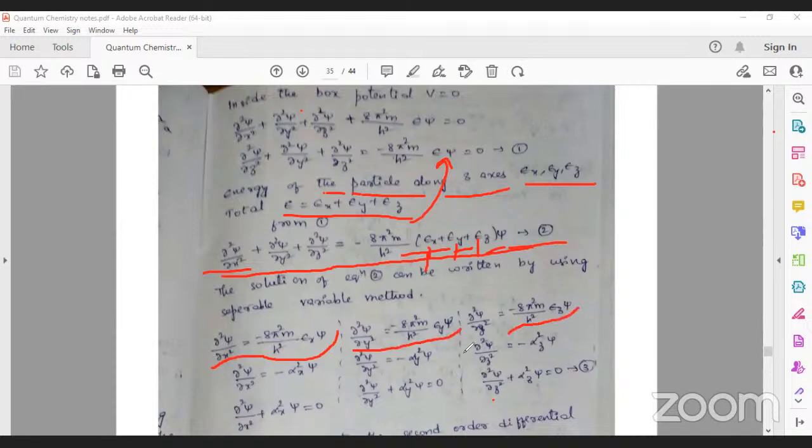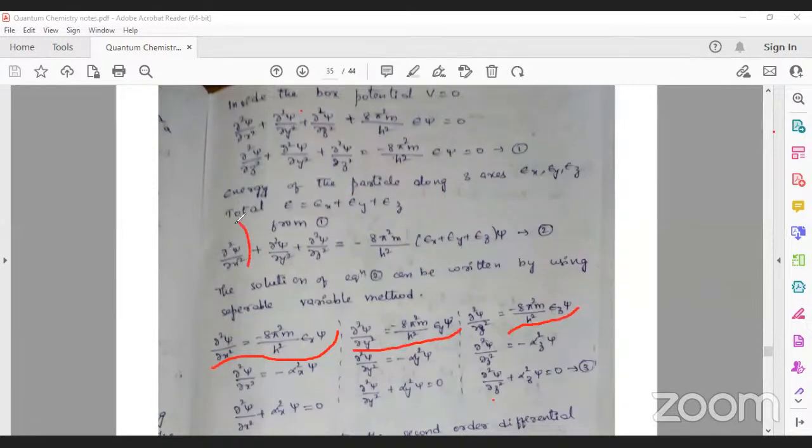With the help of separable variables, where the x terms are there, we have to write them in one place. So this is the x term, we have to write it separately. This is the y term, we have to write it separately. This is the z term, we have to write it separately.